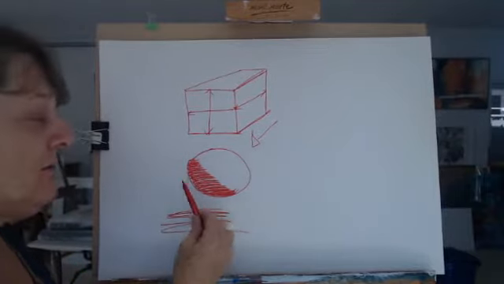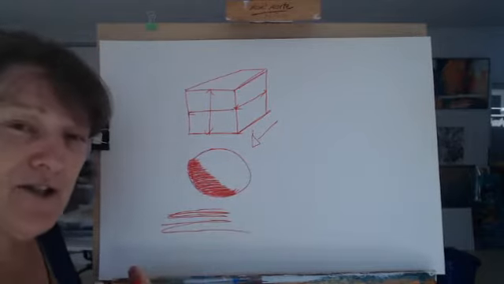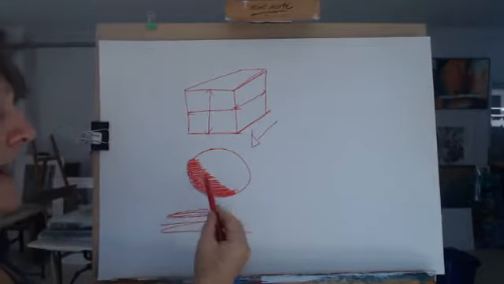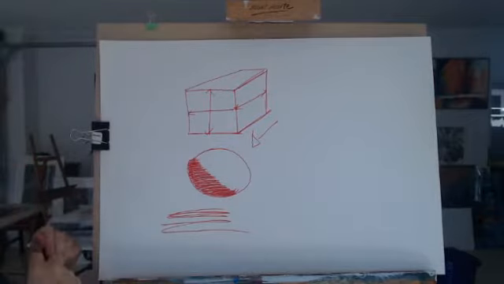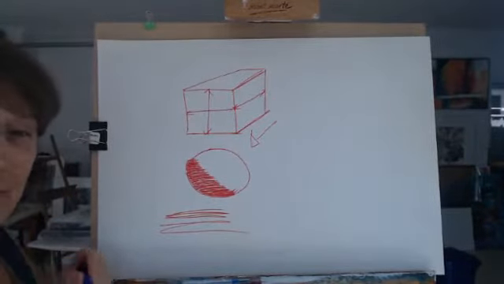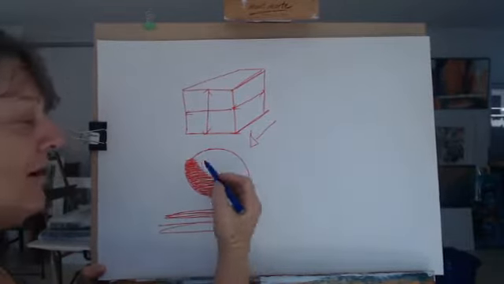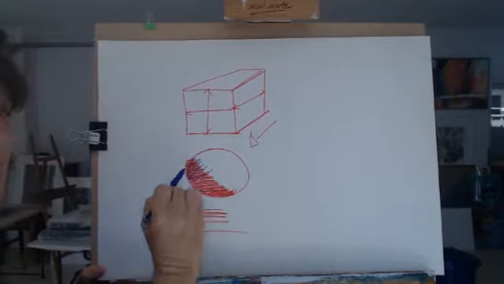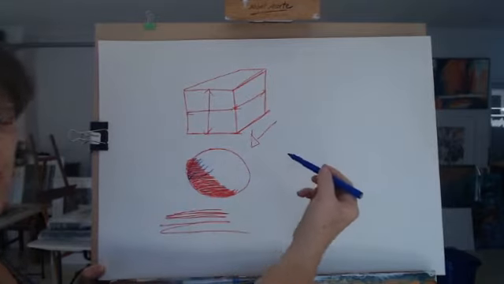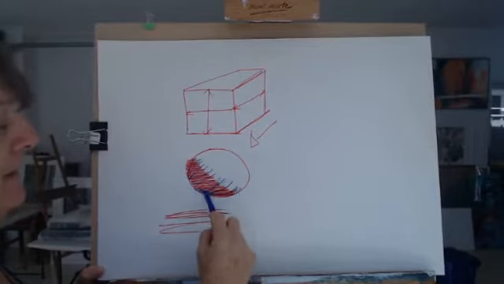So if I imagine that this ball is sticking out of my paper and it is 3-dimensional, so it has form, then I wouldn't just be able to do that with my pen. I would have to, and I think I might change color here. I'll have to get used to this camera and not put my head in front of where I'm going. If I put my marks on this to show that there's form, as if I'm coloring around, lifting it up, going around. Now, I'm not sure if you can see the blue.